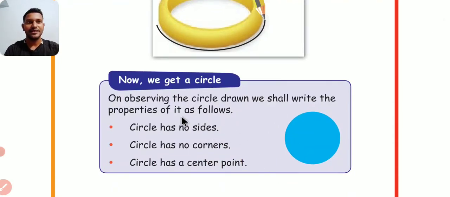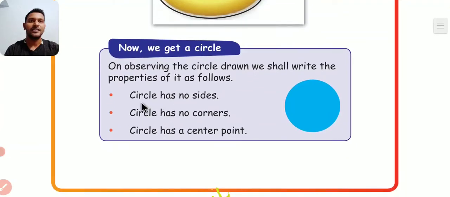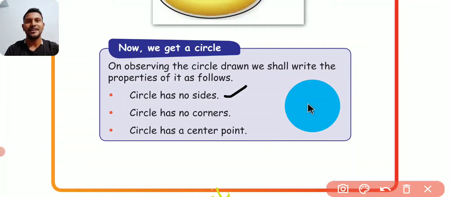Here we have the properties of a circle. First one, a circle has no side. Is there any straight line in a circle? There is no straight line. There are only curved lines. That's why a circle has no sides. Second one, a circle has no corners.